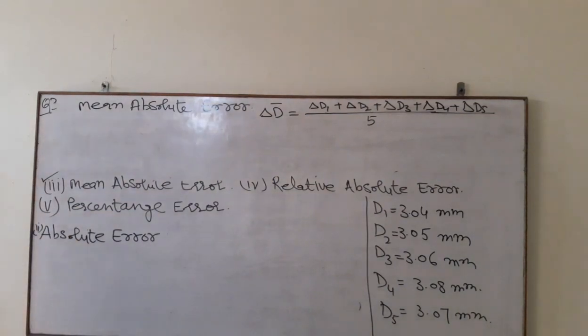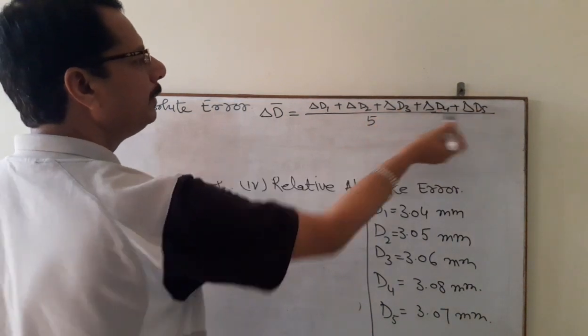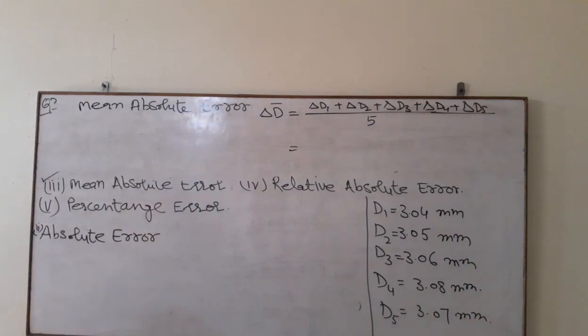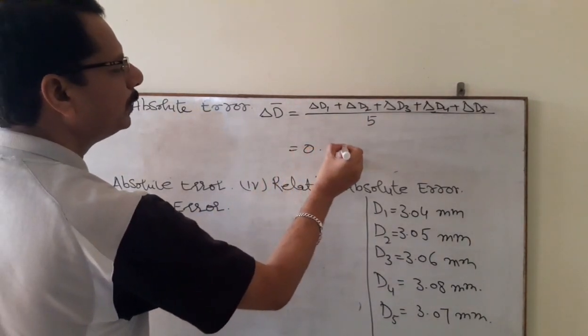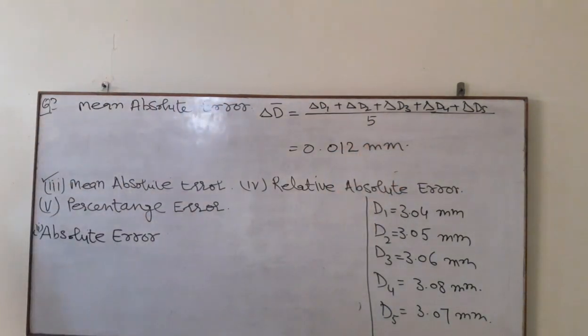So this will be your mean absolute error. Put these values of delta D1, delta D2, delta D3, delta D4, delta D5 upon 5, and you will get the value 0.012. It comes out to be 0.012 mm.